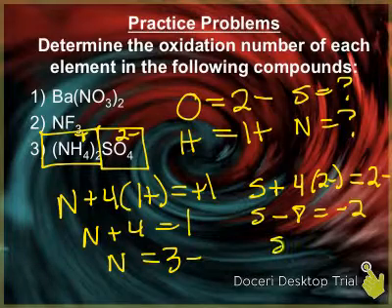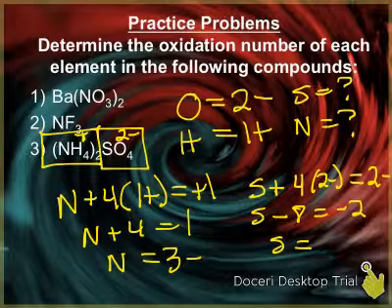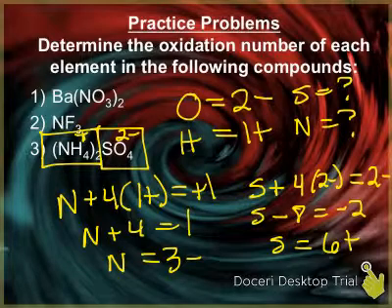So then S is going to equal 6 positive. We add 8 to both sides. 8 minus 2 is 6. So sulfur has an oxidation number of 6 plus. Nitrogen has an oxidation number of 3 minus. So this was using that last rule.